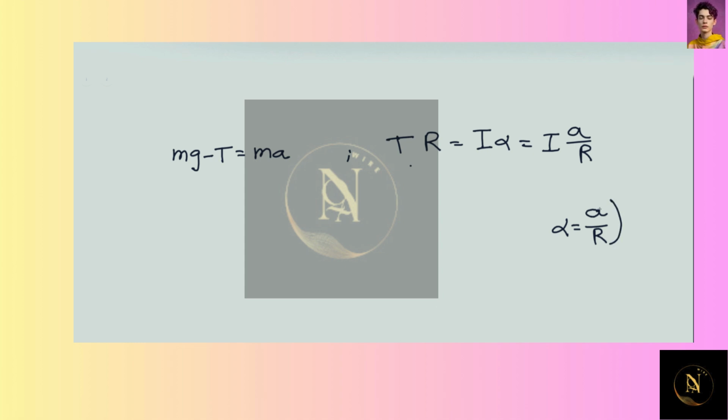Now if we solve for a from these two equations, a will be equal to g times m over m plus I over r squared, where m is the mass of the block.